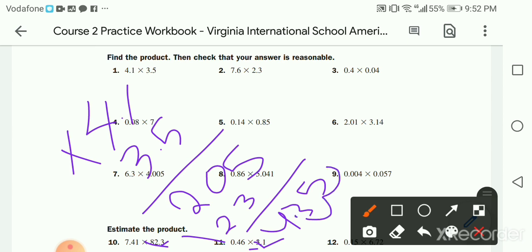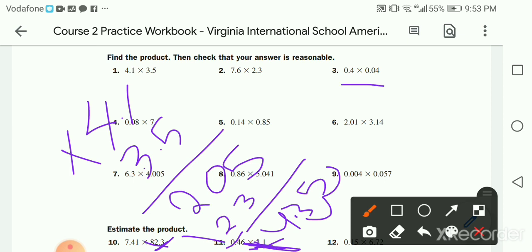So the answer is 14.35. My dear students, can you see the answer now?